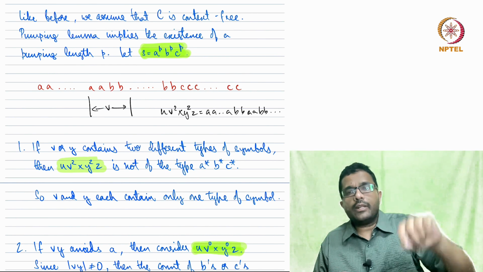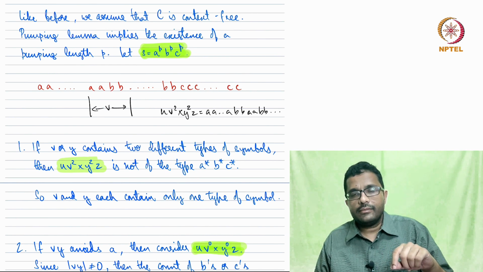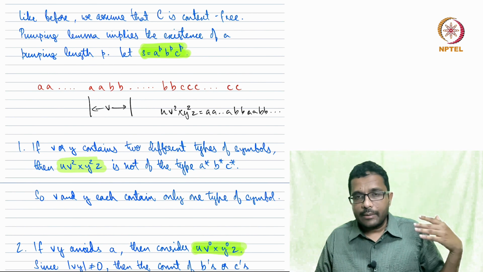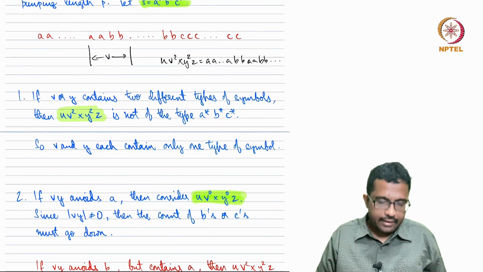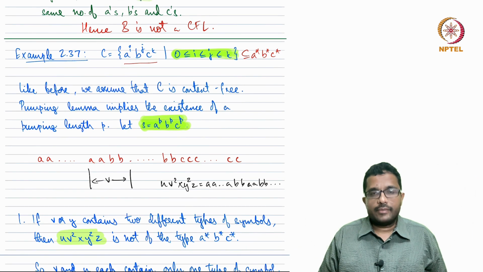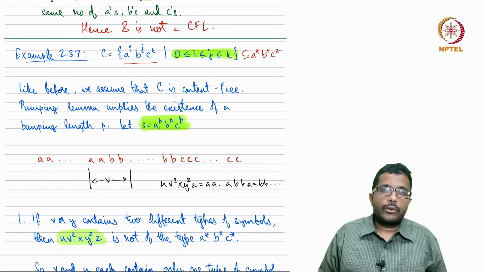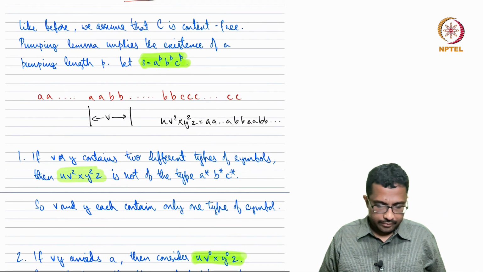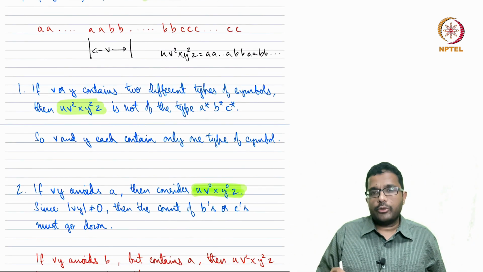And now when you bring down the number of b's or the number of c's, it makes the number of b's less than the number of a's, or the number of c's less than the number of a's, which means the resulting string is not in the language C. Because the number of c's has to be greater than or equal to the number of b's, which has to be greater than or equal to the number of a's. So if vy avoids a, then you pump down, meaning you remove v and y.